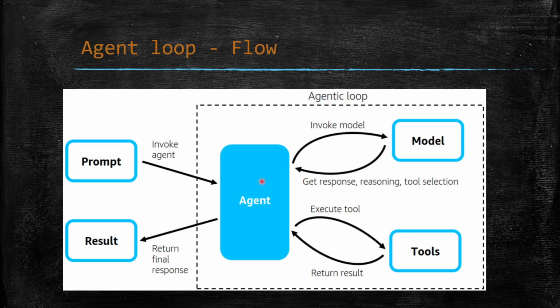Then, as I was saying, an agent has three things. One is the model, one is tools. A tool is, for example, anything that connects to external file systems or data.